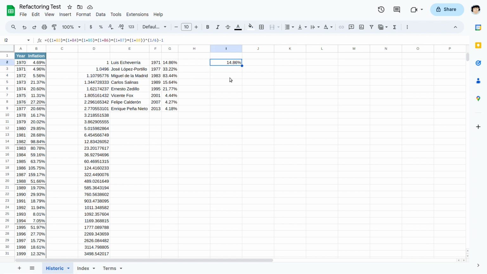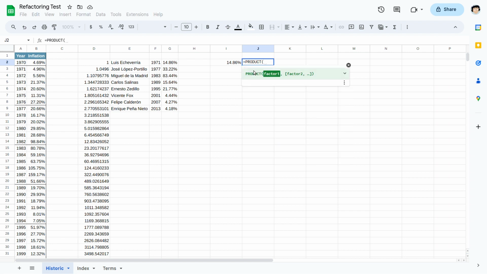Okay, so I could do that, but again, it's not convenient, it's cumbersome to type this formula over and over, and then we'll have to shift it and whatever. So one formula that helps is product.